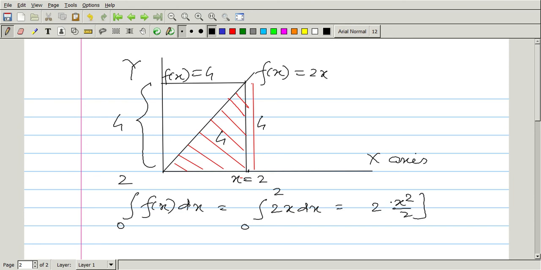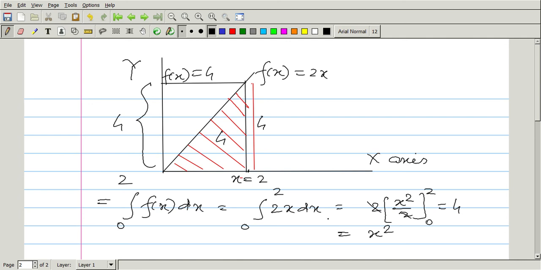I substitute the limits 0 to 2, 2 nicely gets cancelled, so it comes to be 4. So what I mean to say is, this integral, x square, represents the area function, meaning it gives the value of the area below the curve at the particular point.